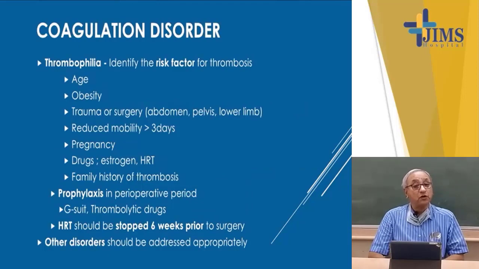Patient can present with coagulation disorders like thrombophilia. Identify the risks for thrombosis. The risks are older age group, the patient is obese or morbidly obese, there can be a trauma which needs surgery, the patient may be immobile for more than 3 days, like in a fracture of the leg, or the patient can have other things which have made the patient immobile.